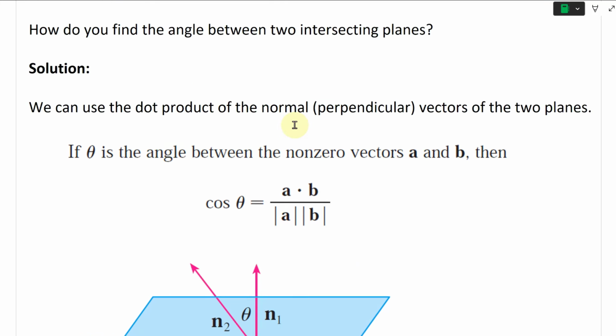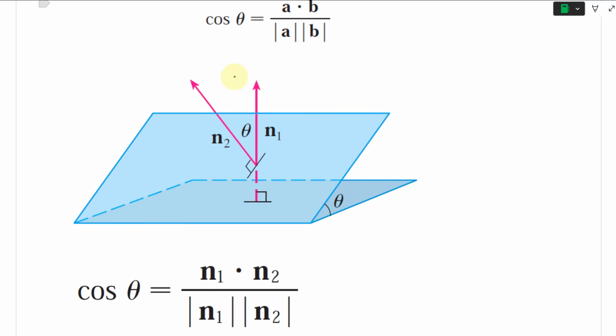But in our case, if you have intersecting planes, so let's say a plane like this intersects with one like this one across there at this angle theta, then this angle theta is going to be exactly this one right here between the two normal vectors. So this normal vector going up, this one going down.